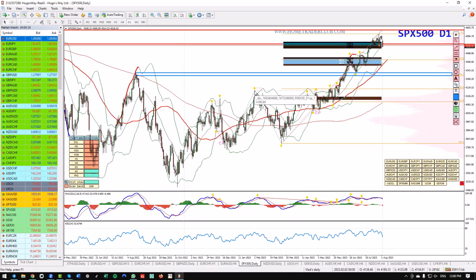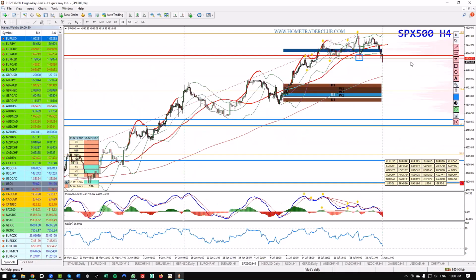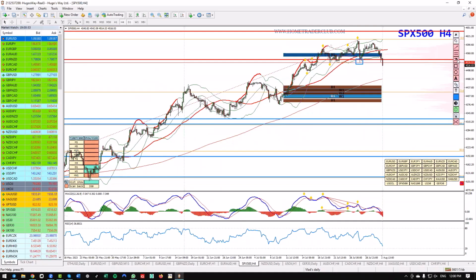Again, the next support in line, resistance broken, and the 50% here could slide even lower towards the 61.8 because of this massive volume zone we have here. So that would be the target for the S&P with its bearish status, as I mentioned before, by making the break below this low.